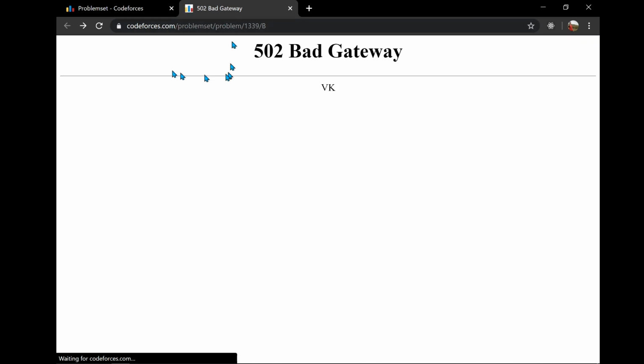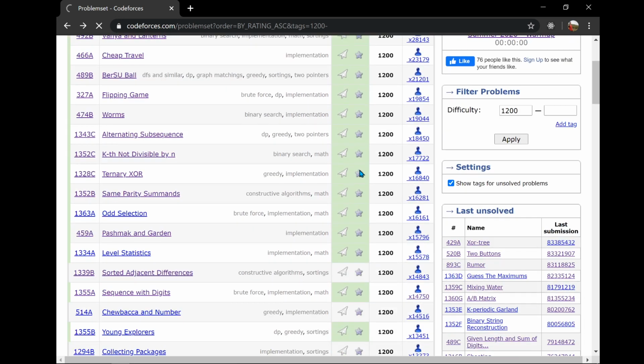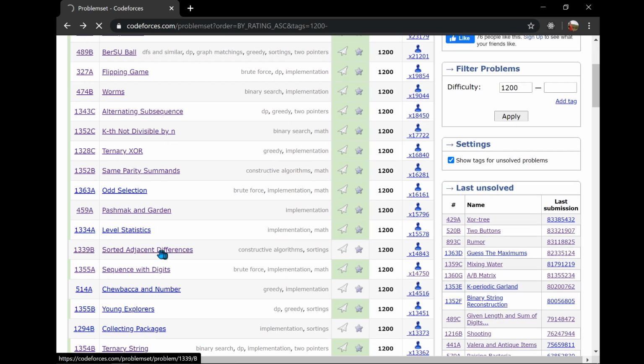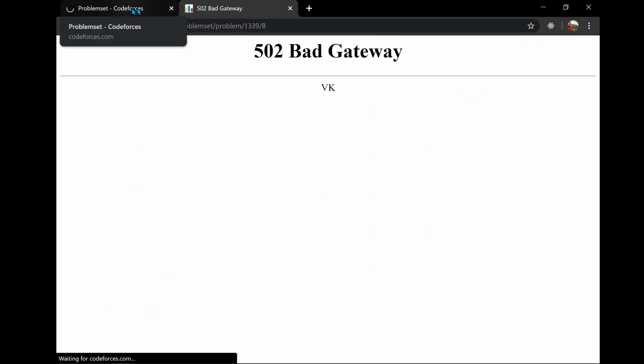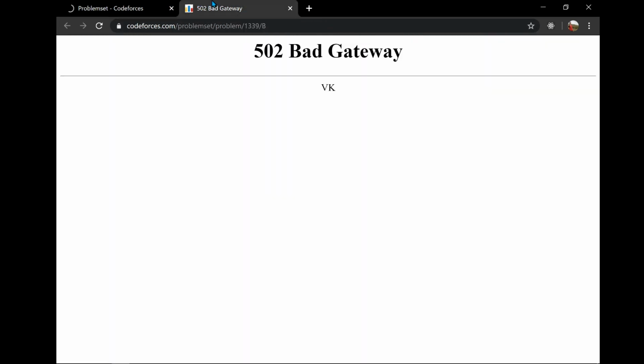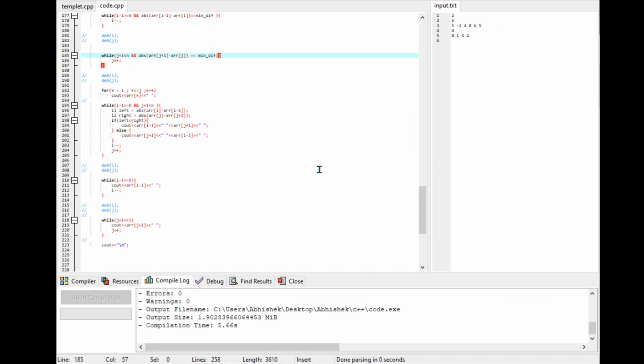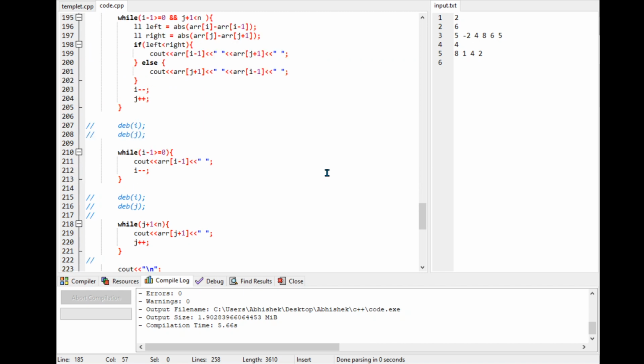Let's now retry this. Okay, where is this problem? I was doing this question. Okay, I think the Codeforces site is not responding. So no problem, I would be submitting it and sharing it with you.